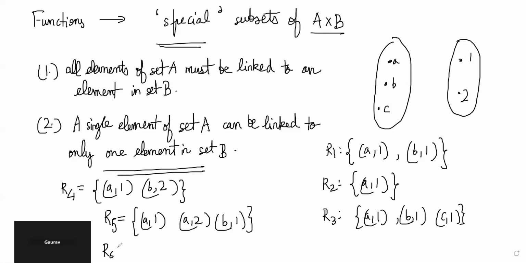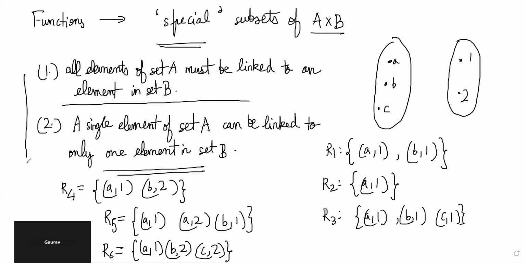And another subset could be A1, B2, C2. Do you understand? I have listed out 6 subsets. All 6 of them are relations, right? But all 6 of them are not functions, okay? Because they don't satisfy the two necessary conditions to be a function.